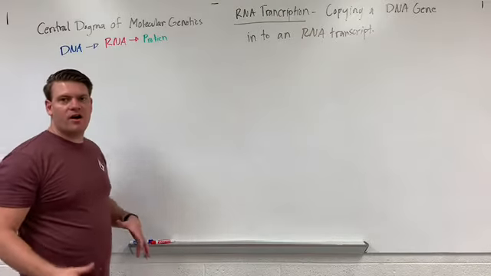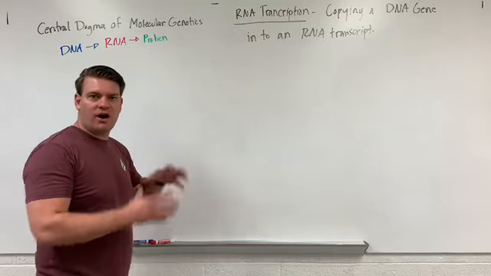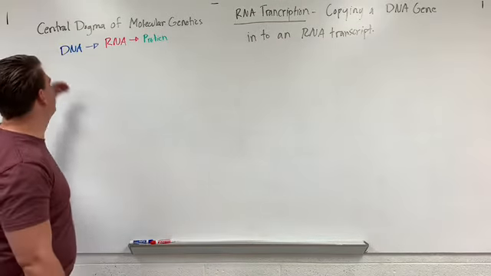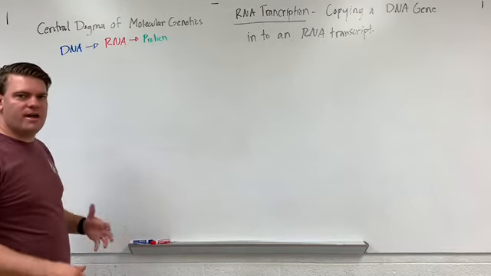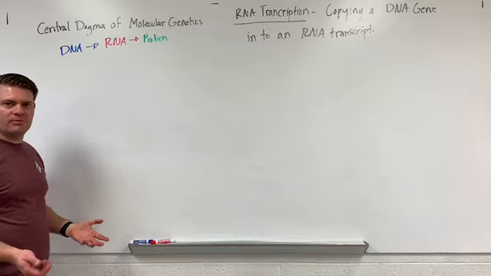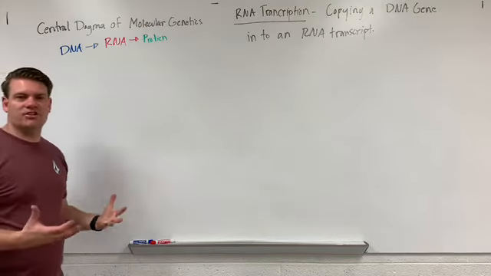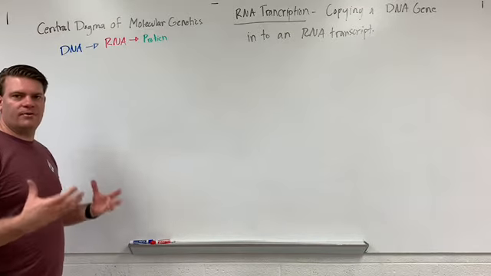Okay, so the next part of this is understanding how we go from our DNA to our protein. And this is something we call the central dogma of molecular genetics. Most of you may or may not know what dogma means, but if you think of religion, it's like, what's the most important part of a religion?